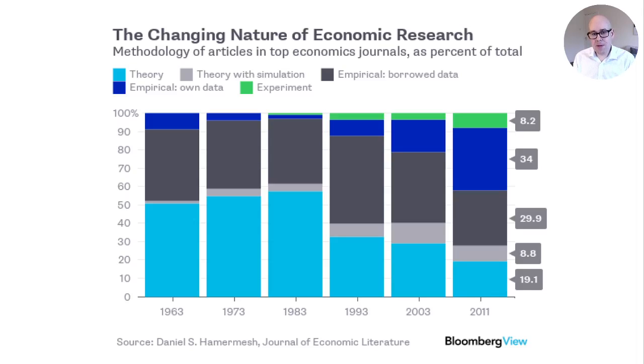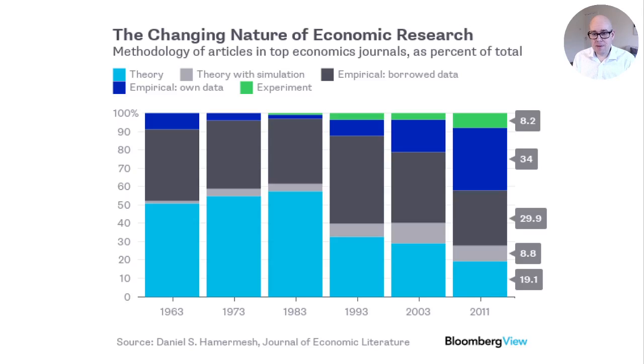The light blue area, that's theory. The light gray area, that is theory with simulation. And what you see is that it peaked in the early 80s. Then almost 2/3 of articles in top economics journals were actually theory, and a few of them theory with simulation. But since then, this has gone down.